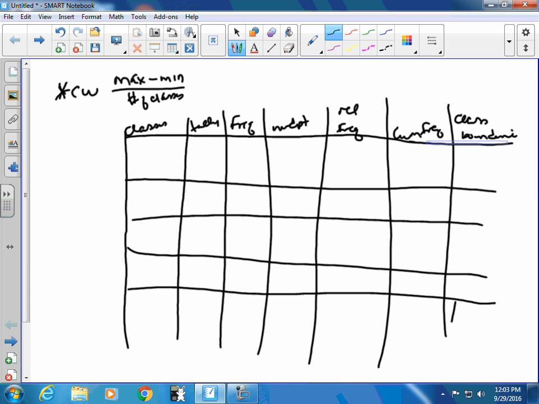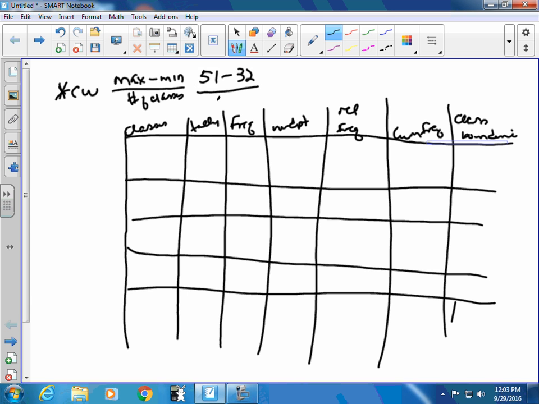So find me the maximum entry. The circle there. Check both lines. Okay, so 51 is the maximum. What's the minimum? 32 is the minimum.